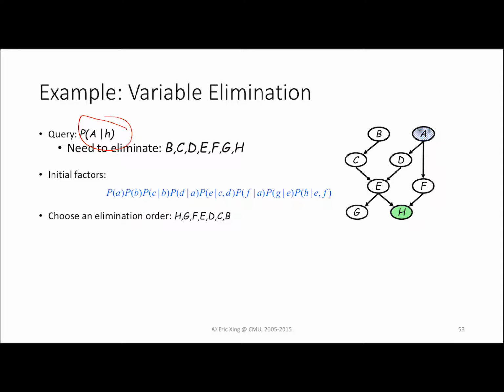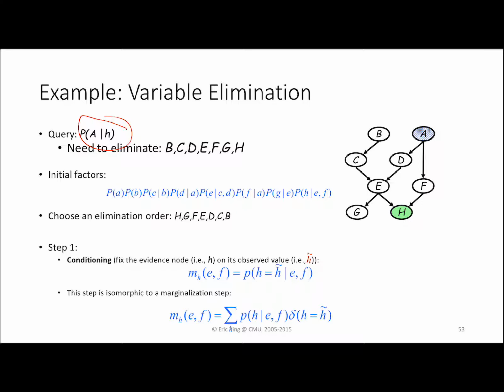Okay. So we want to basically compute P(A | H). It means that we have to get rid of the rest of the variables that are unobserved, or that we don't care about. And the factorization is coming from my graphical model. So the first step is that, as I told you, whenever you're observing evidence, you can view it as a delta function.